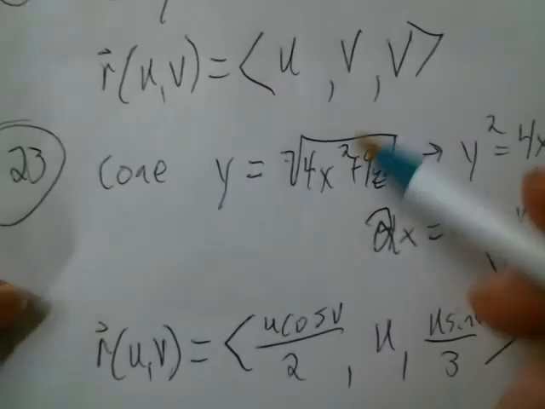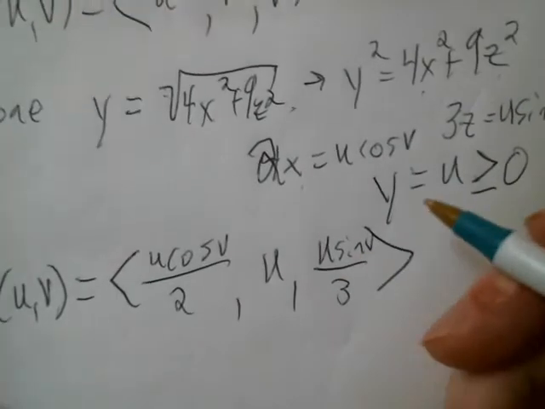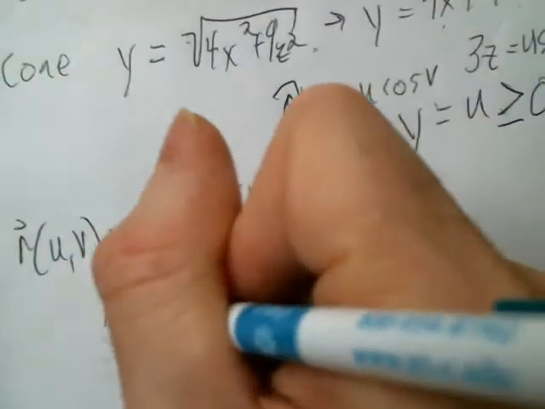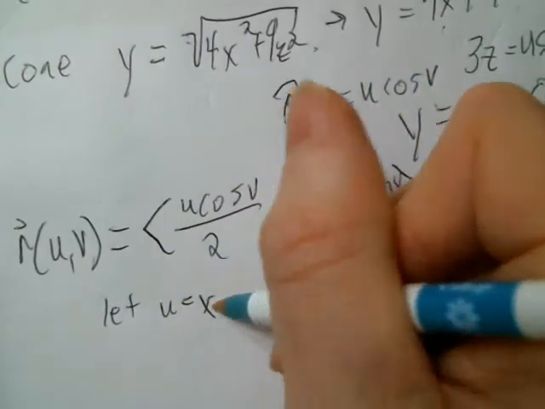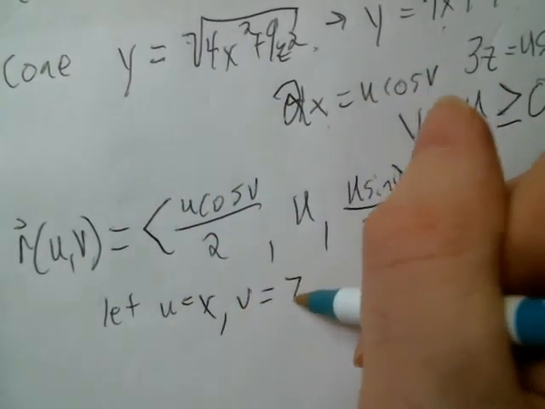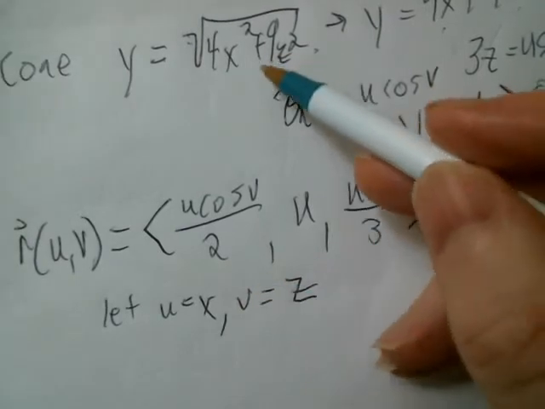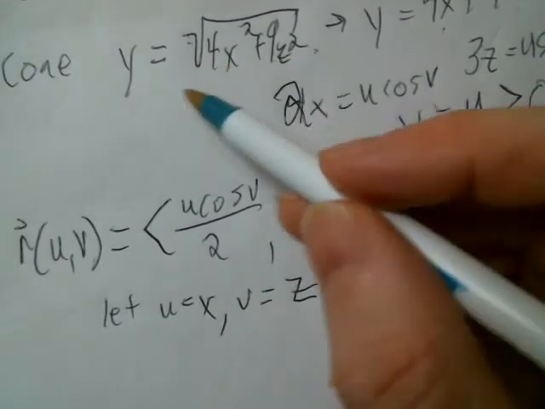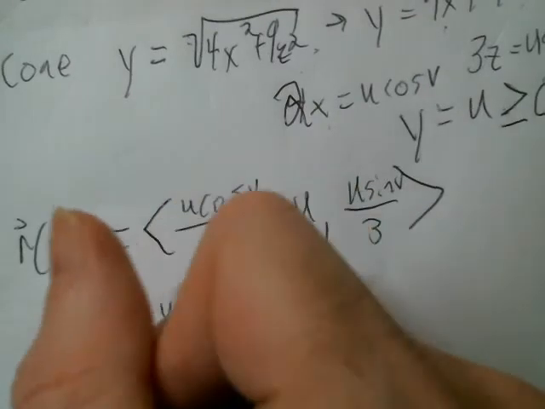Well, just one. You can always do a cheapskate version of these if you have no clue. You can just let u equal x and v equal z. Sorry, the webcam thing's getting in the way. So another way of pulling this off is to let u equal x, v equal z, then replace x and z with u's and v's and let y equal this thing in your vector valued equation.